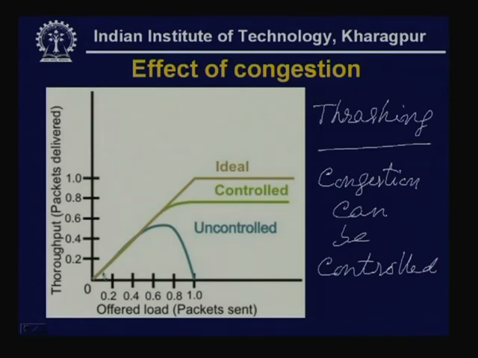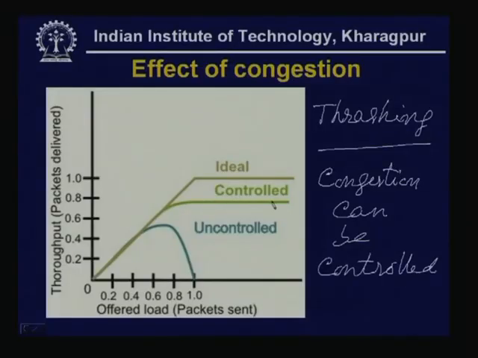As you can see, the throughput is less than the ideal curve, because there is some overhead for implementing congestion control. There are some overhead packets which are also transmitted, as we shall see, and because of that the throughput will decrease, but it will not drop like the congested network, and although the throughput rate is less, it will never reach the thrashing situation.